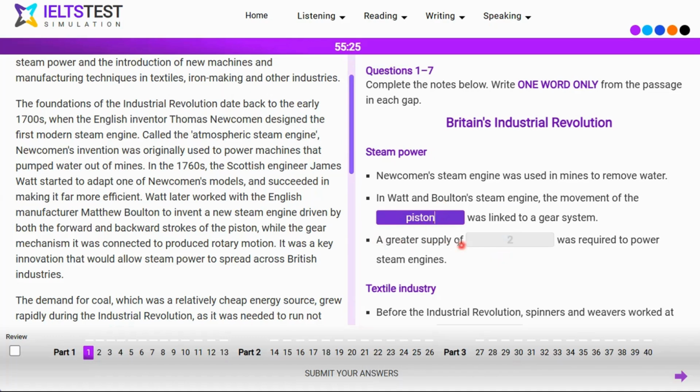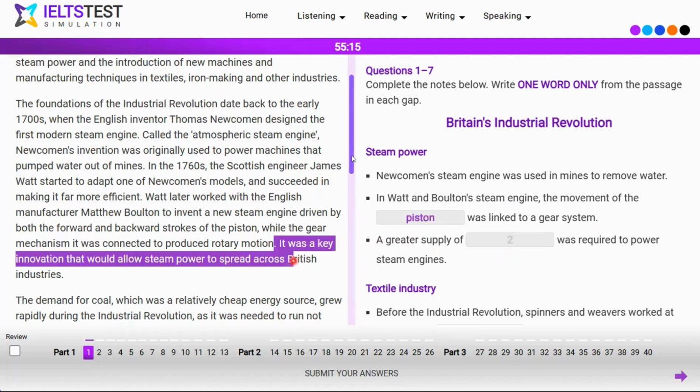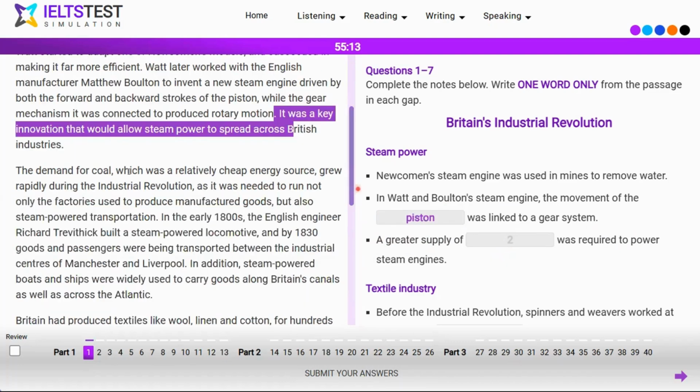Question 2. A greater supply of dash was required to power the steam engines. Greater supply is a keyword here. Power. So let's go back to the passage. Greater supply is not in this place. So let me just go to the next paragraph. The demand for coal, which was a relatively cheap source of energy, grew. Okay.